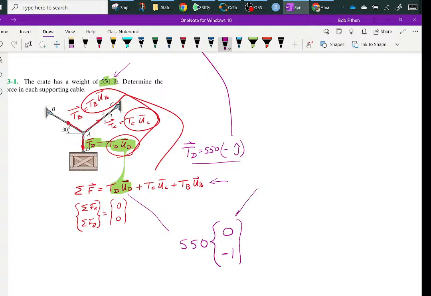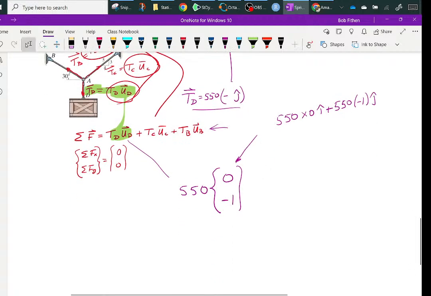Now, what this is implying is 550 times 0 in the i, minus 550, or actually minus 1, in the j. So in other words, the first one is the i, the second one is the j.